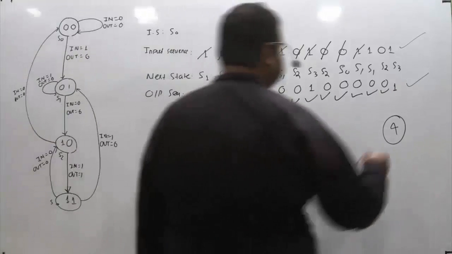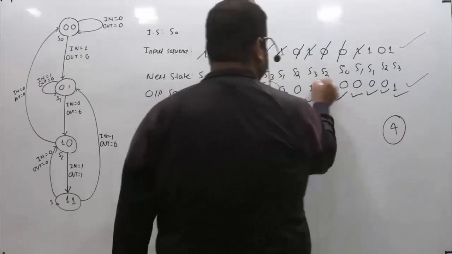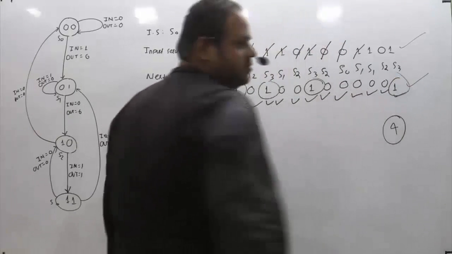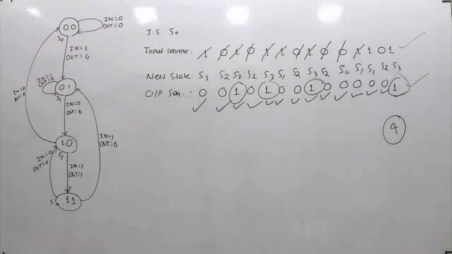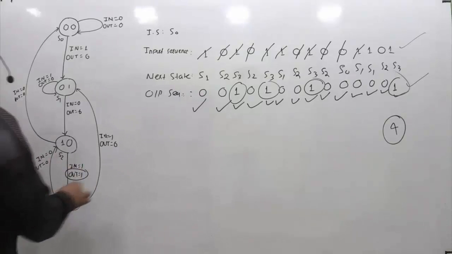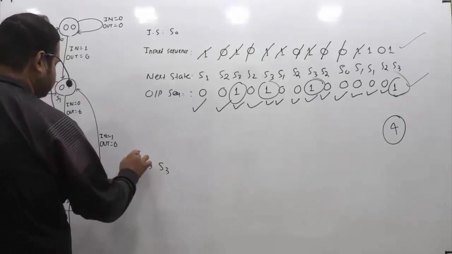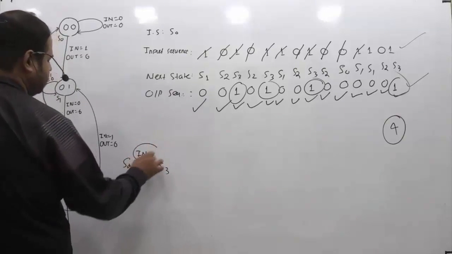So totally everything is fine. We got output 1 four times. If you refer to all these diagrams, this is the only transition where output equals 1. That means you are expecting S2 to S3 transitions when the input is equal to 1.